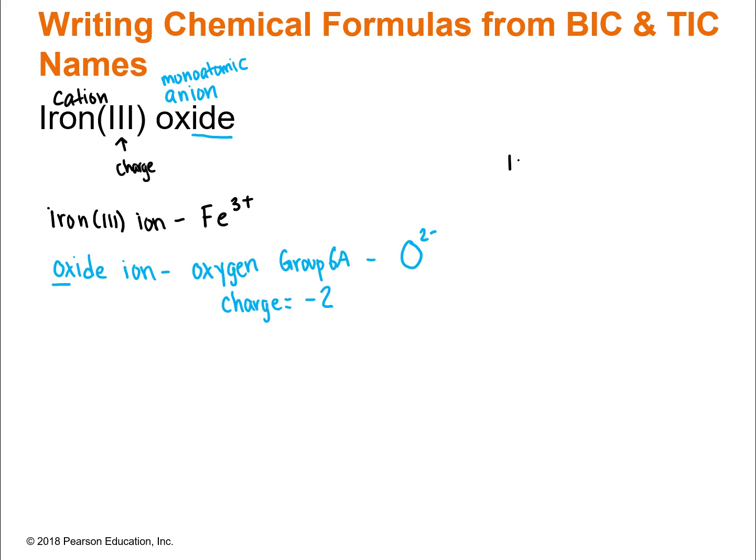Now we look at our totals. If we had just one iron 3 ion, we'd have positive 3. If we had just one of the oxide ions, we'd have negative 2. That's not balanced.